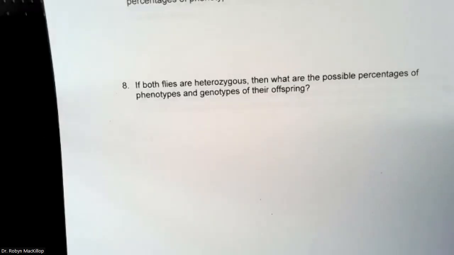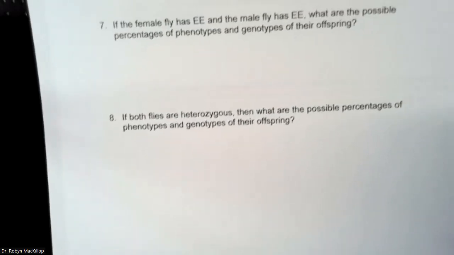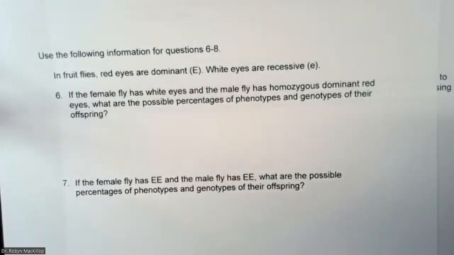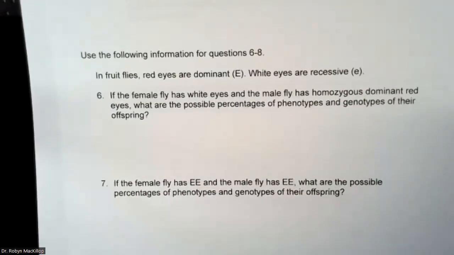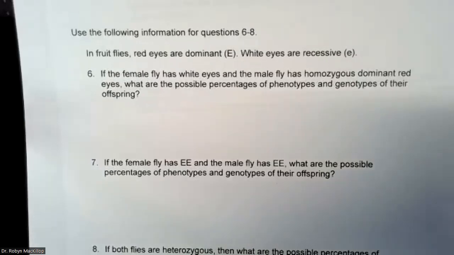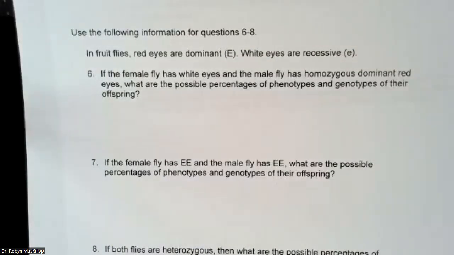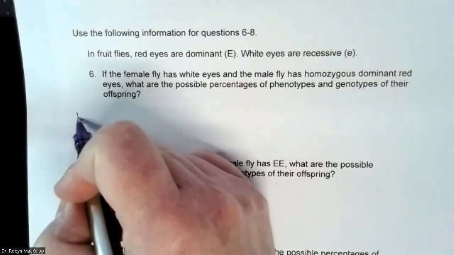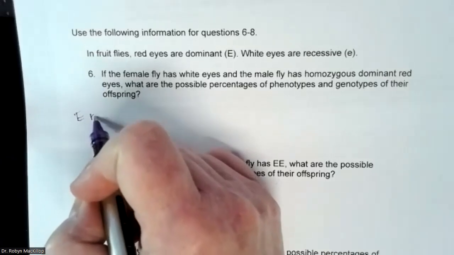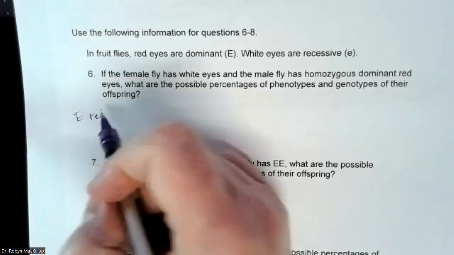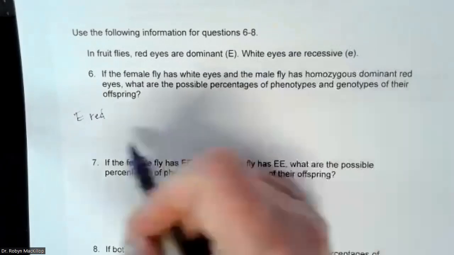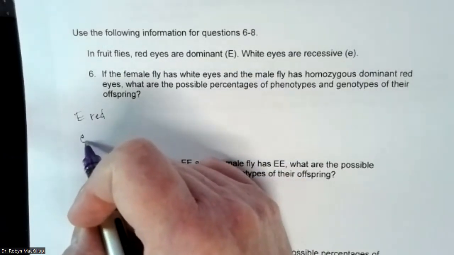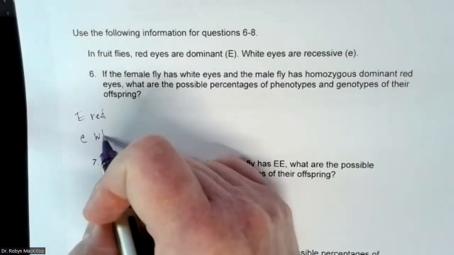All right. Do you want to see another one? Yes. Yeah. All right. Here we've got fruit flies. And we have red eyes are dominant, so big E is red. And white eyes are recessive, so little e is white.